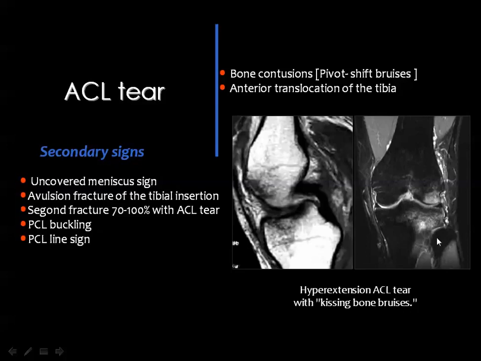You should remember that most of the signs of ACL rupture are seen on the lateral aspect of the knee, in the lateral femoral condyle and the lateral tibial condyle.